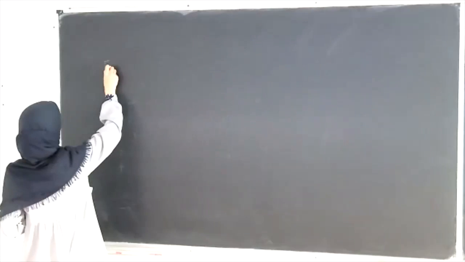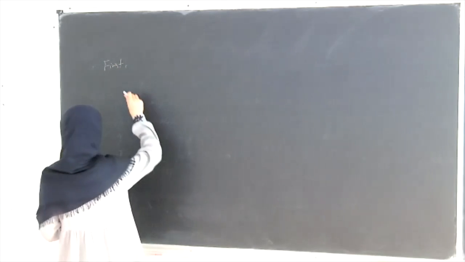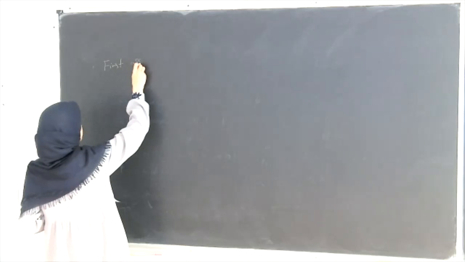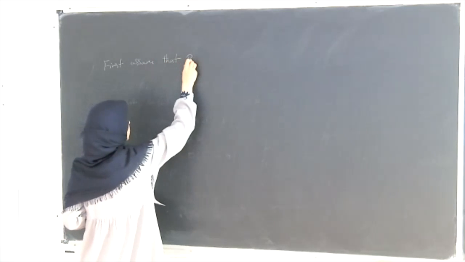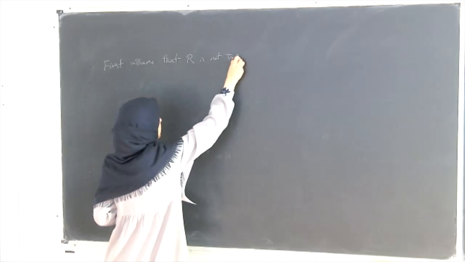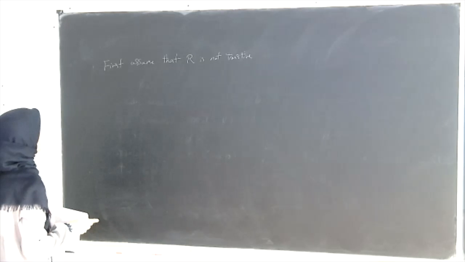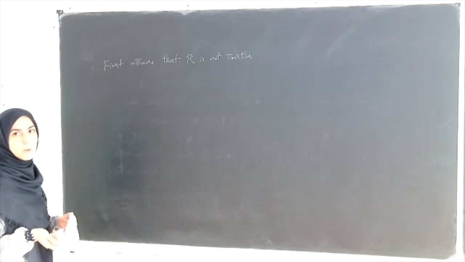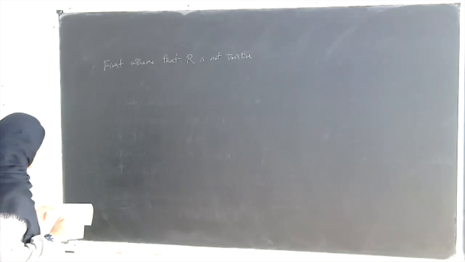First, assume that R is not transitive. Then we have to find a valuation where L is not true.